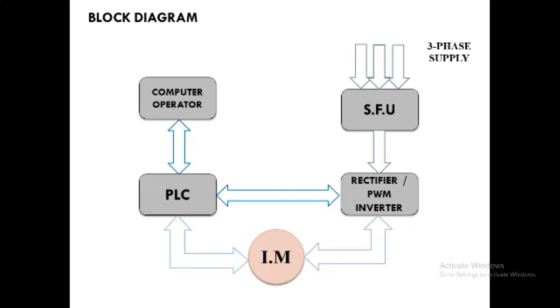During this operation, generally by using a VFD system, a variable frequency, variable voltage method can be applied. Means it is a V by F control method, and during the use of this V by F method, this ratio must be maintained constant. Now here, how can this ratio be maintained constant?